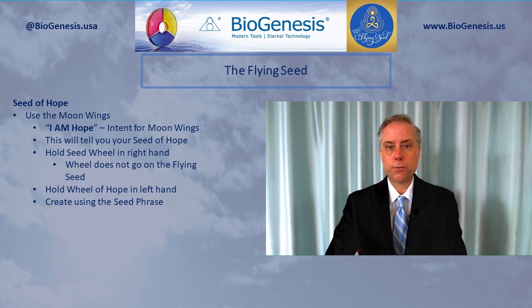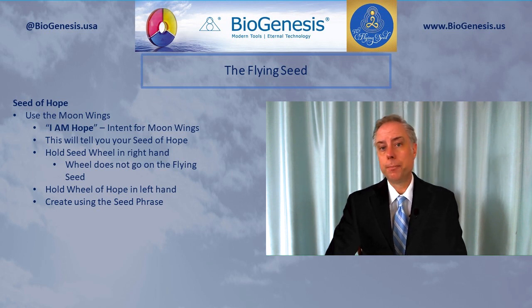We find the seed of hope every evening. We find a new seed of hope. That we do using the moon wings and using the intent when we let fly the moon wings, I am hope. Once we let fly the moon wings 4 times, we find out the seed number for our seed of hope for that night.